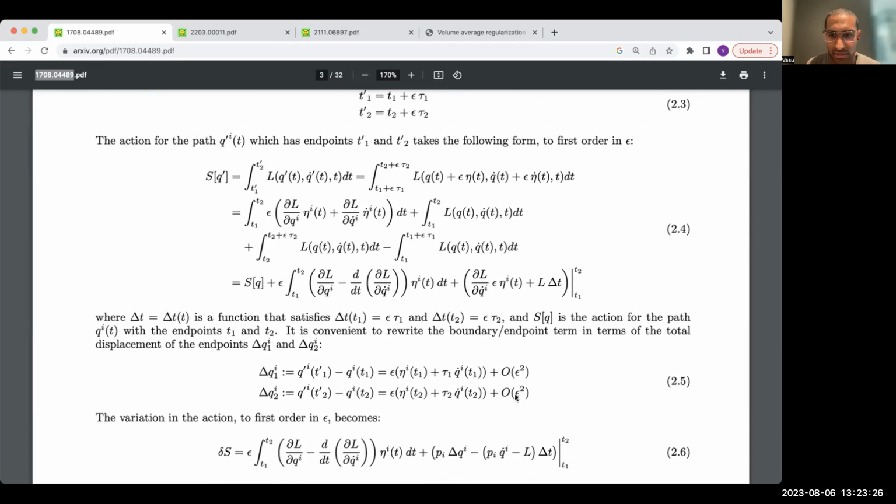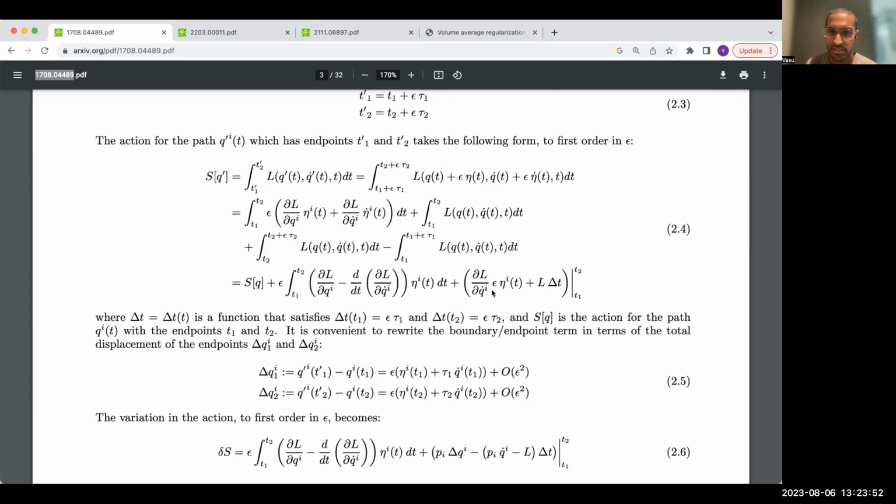Okay. And so they say that it is also convenient to rewrite the boundary term in terms of the total displacement along the endpoint. So in addition to defining delta t, we'll define delta q1 and delta q2, right? So here, notice that we have a very standard looking term that comes from doing the integration by parts.